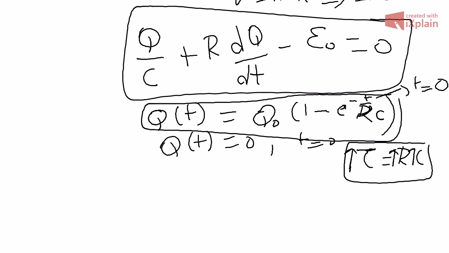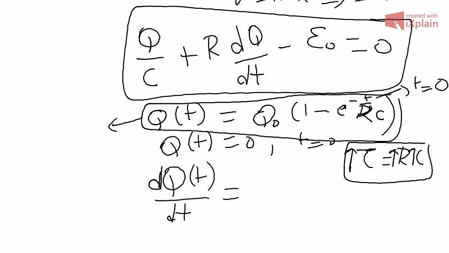So here we can also derive the expression for the current. How can we derive it? Just take the derivative of this equation, dq/dt.